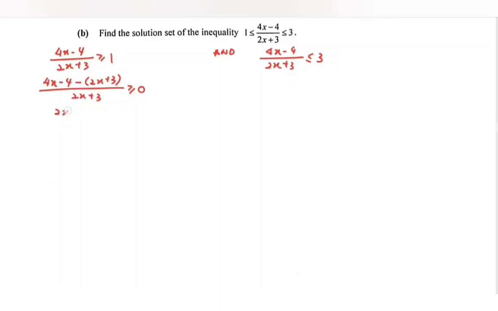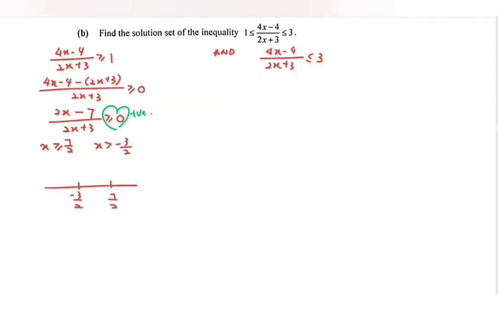So we have the situation 2x minus 7 over 2x plus 3 greater equals to 0. Next, determine the sign where we have the positive. So we have x greater equals to 7 over 2, x greater than negative 3 over 2. Use the number line. We have negative 3 over 2, 7 over 2.